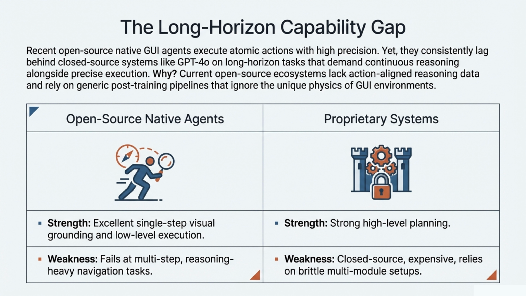On the other hand, proprietary systems like GPT-4o have strong high-level planning capabilities, but they are closed-source, expensive, and rely on brittle, multi-module setups. Why does this gap exist? It's because current open-source ecosystems lack action-aligned reasoning data and use generic training pipelines that just don't understand the unique physics of GUI environments.